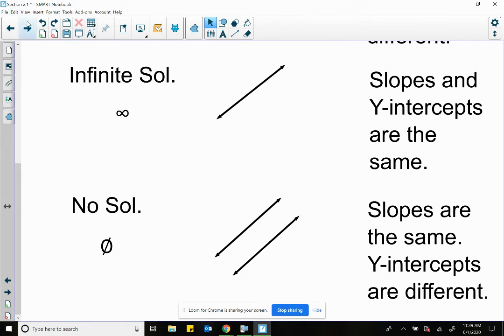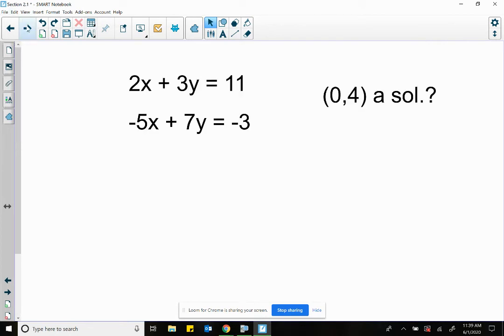All right? And then last but not least, you will have, looks like, 3 of these. And they want to know, is this a solution? So what they're asking you to do is plug it in. Whenever you want to check to see if something's a solution, all they want you to do is plug it in.